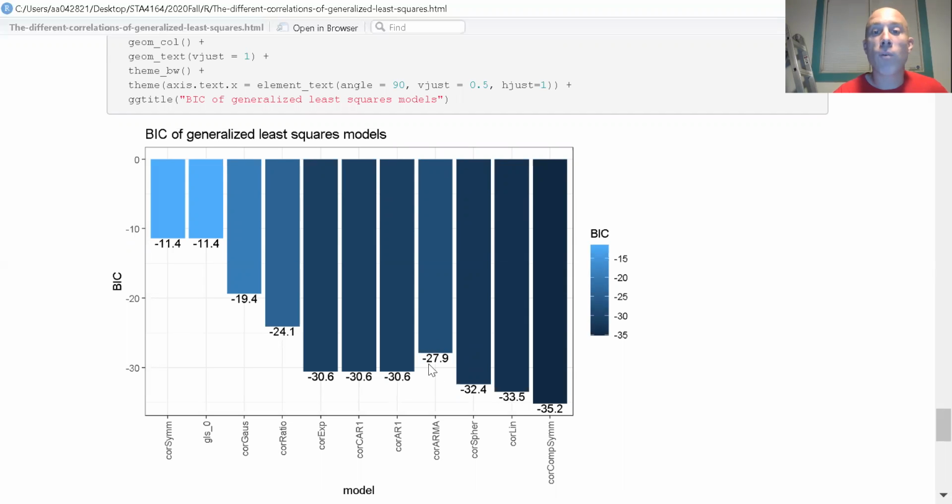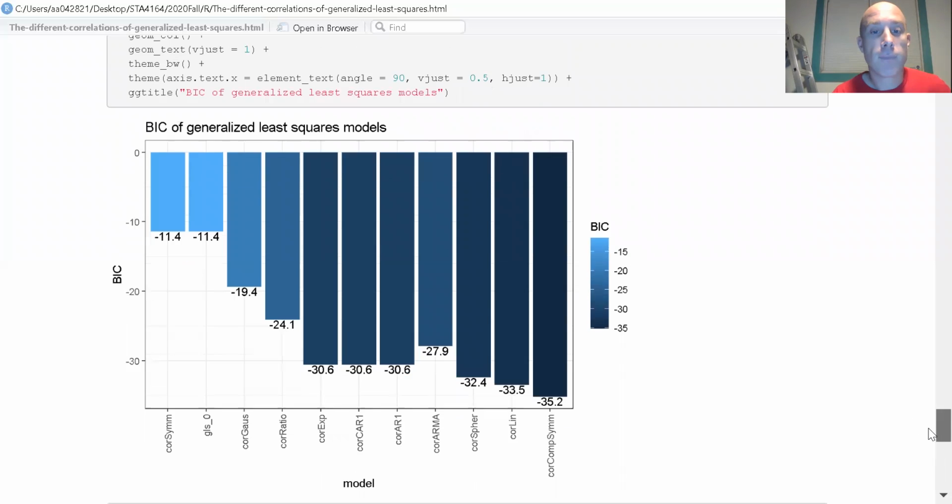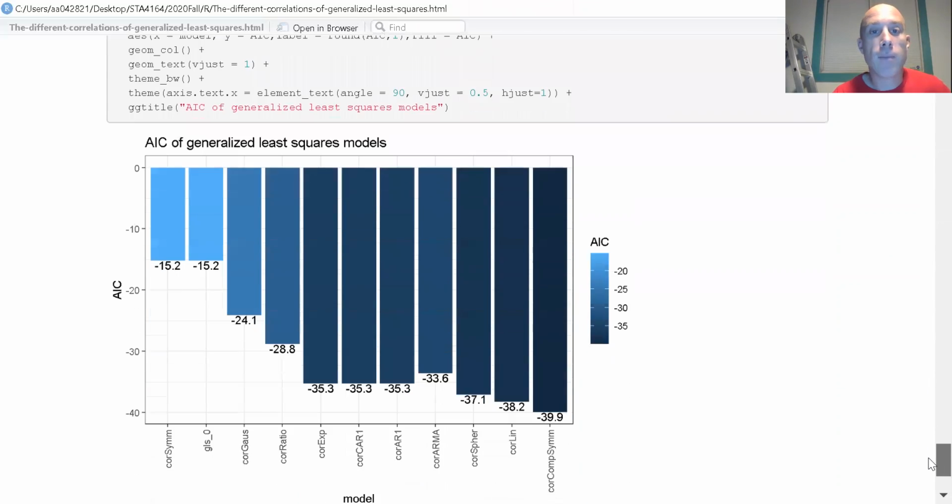This is an autoregression 1 moving average 1 model. That additional moving average aspect, by BIC's measurement, is not worth it in comparison to autoregression 1. Now let's look at Akaike's information criterion, and I see the same result.